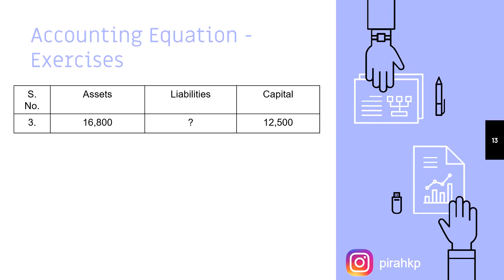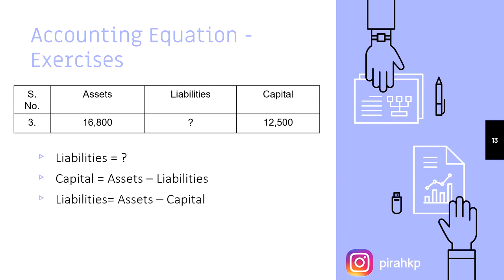Next, in this one we have to find liabilities. Assets are given, so is capital. So let's put liabilities is equal to question mark. Next we write our equation. Capital is equal to assets minus liabilities. Now this is simple maths. You are going to swap places of liabilities and capital. Liabilities goes to the left hand and the sign with it changes.